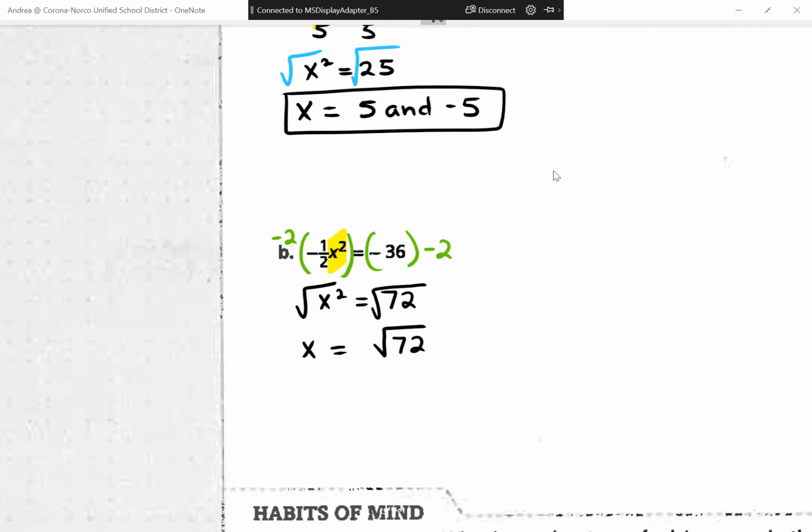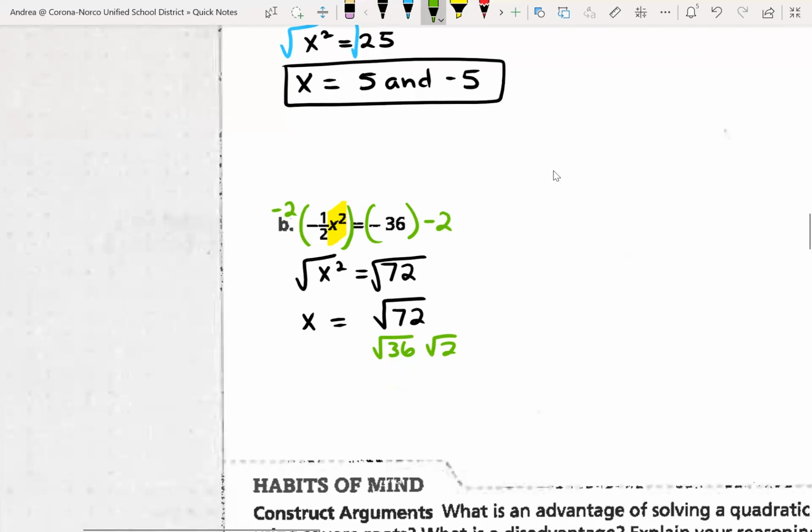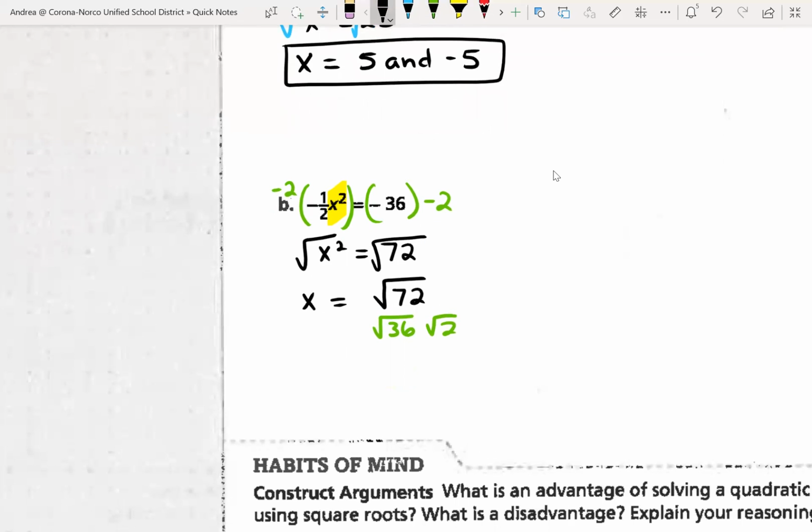Is 36 a perfect square? Yes. So we have the square root of 36 times the square root of 2. 36 is a perfect square, so I'm good. Can 2 be broken down any further? No. Okay, so we just take x equals, the square root of 36 is 6.